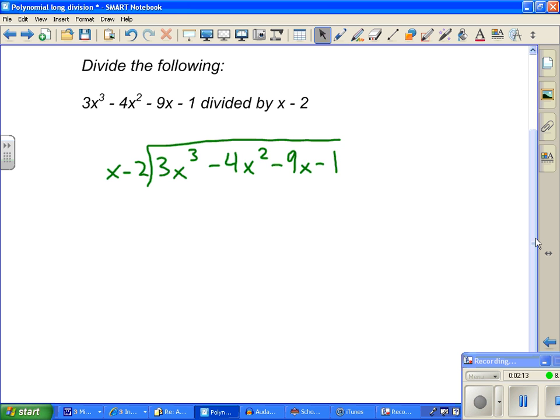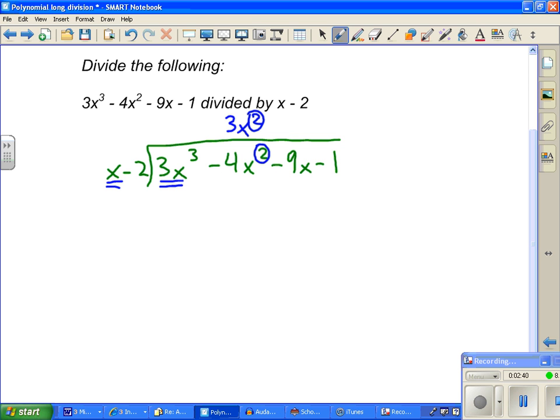We'll try and keep things straight with color so we can see what we're doing. What do I have to multiply this x by to get 3x cubed? Well, I'm going to need to multiply it by 3x squared, and I put that here because I need to get the squares over each other.